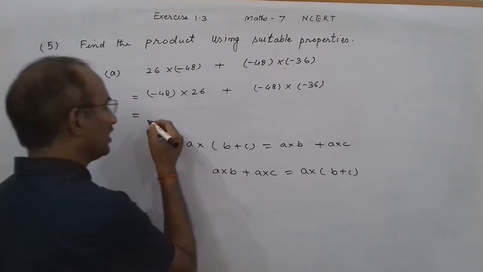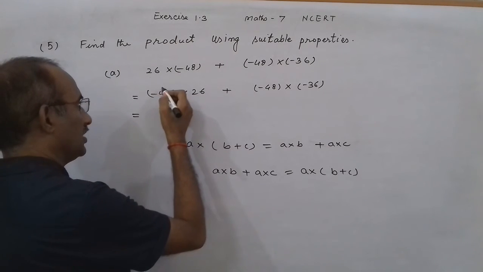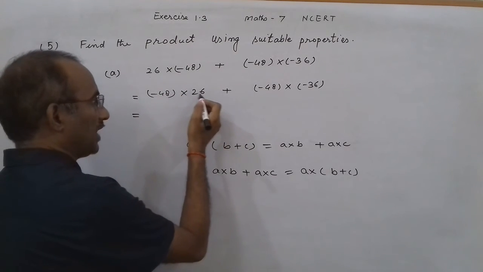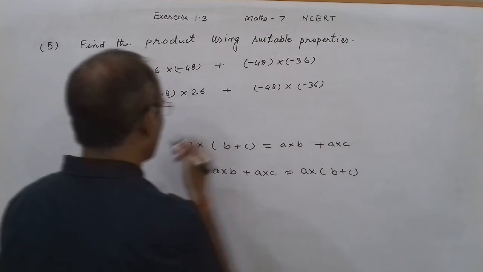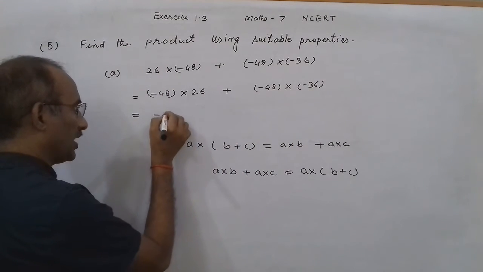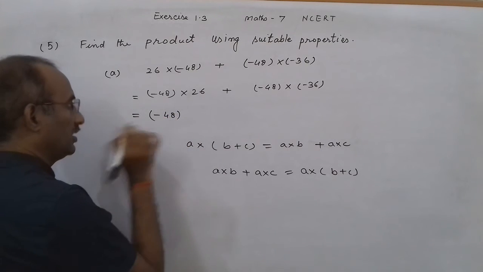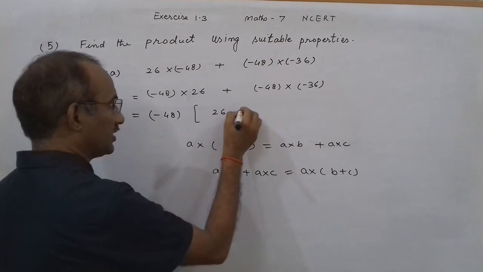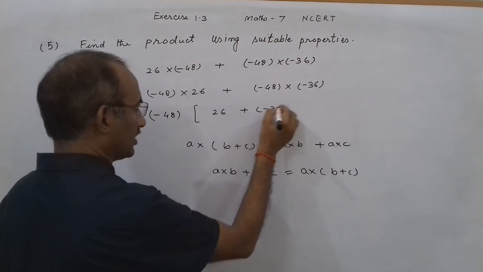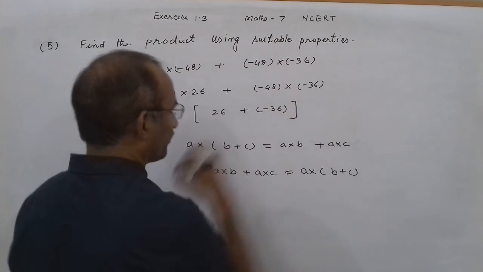Using this property, we can see here minus 48 is multiplied with 26 and minus 48 multiplied with minus 36. So put minus 48 here and in the next bracket we can write 26 and plus minus 36.